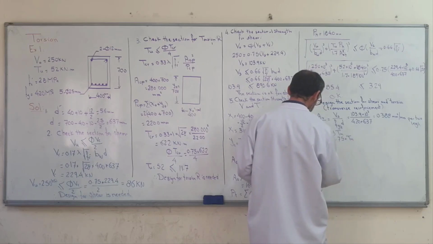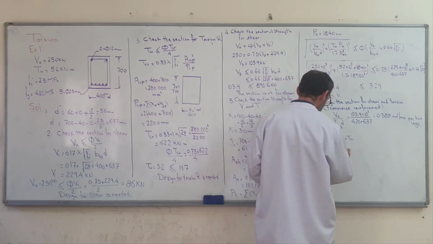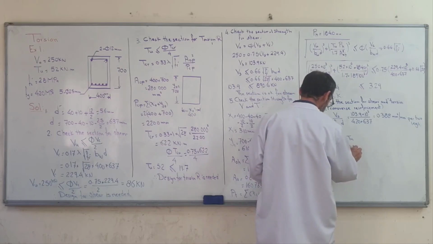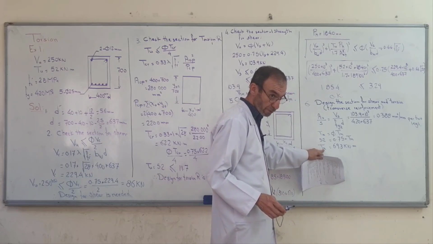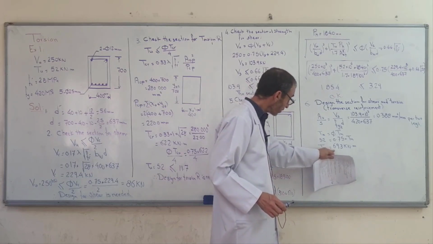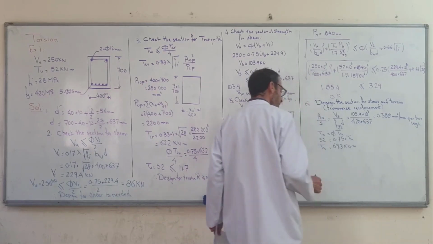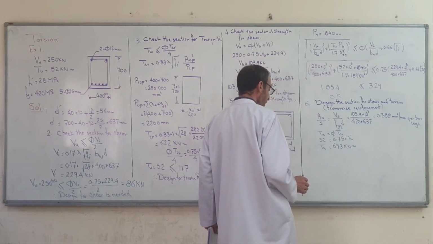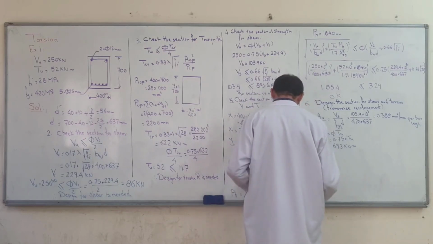We must design the section for torsion of 69.3 kilonewton meters.